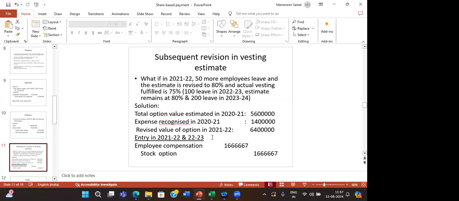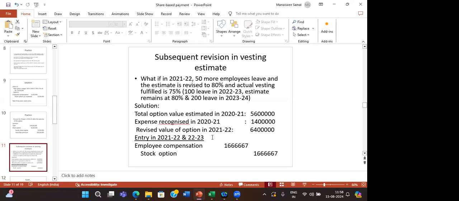instead of hitting the P&L as a charge in particular year. Let us imagine within the last 2 years you have already charged to the P&L cumulatively 40 lakhs as per our original calculation. But now you find that within 3 years the total charge to the P&L should be 30 lakhs.